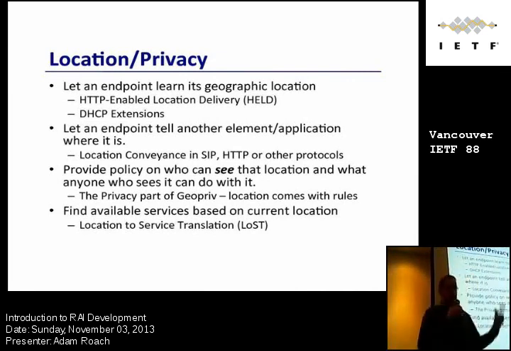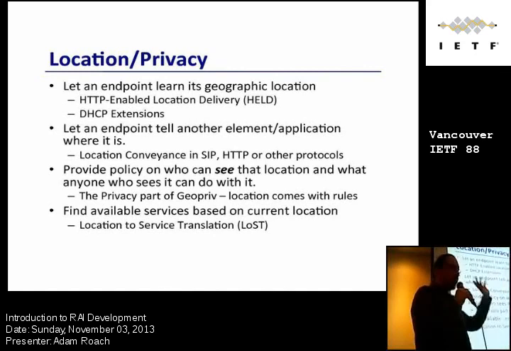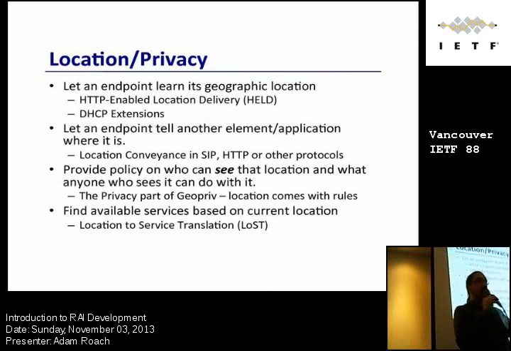Basically, it queries a server, and that server, based on its knowledge of the network infrastructure, knowing that this has to be associated with a particular room or building, can give you a good approximation of where you are on the planet, and return that information. We also have protocols that let an endpoint, once it's discovered that information, send it to other nodes in the network. Say I'm making a phone call to a pizza delivery service, and I want to get to whatever branch is closest to me. I deliver this location information as part of my call setup, and it routes to the closest one.